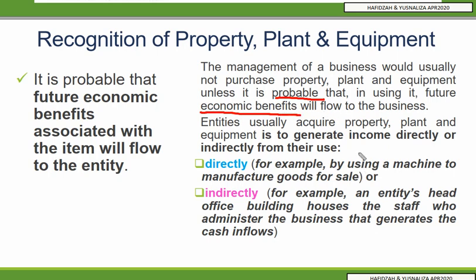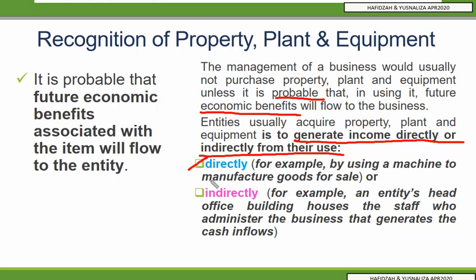There will be some kind of return that you will receive in future by using that particular item. Usually you acquire property, plant and equipment to generate income, directly or indirectly from their use.